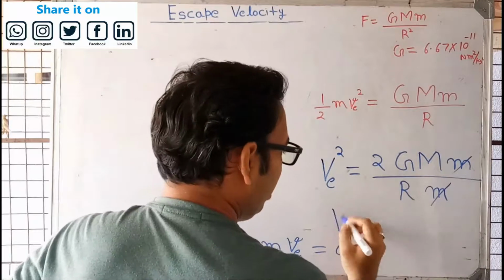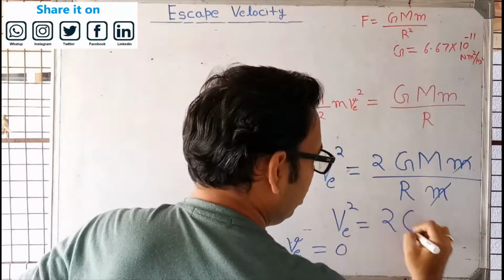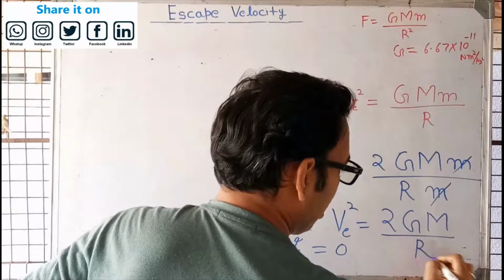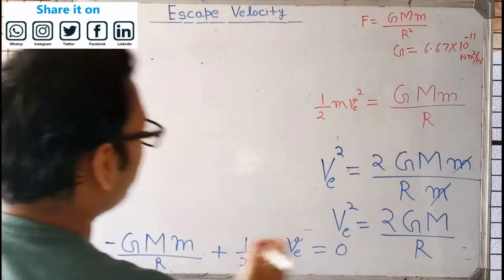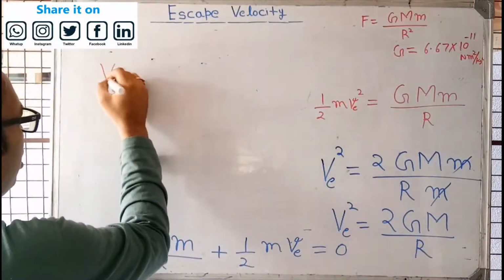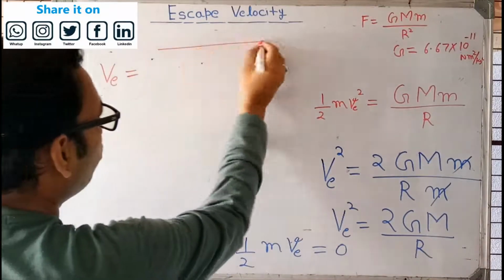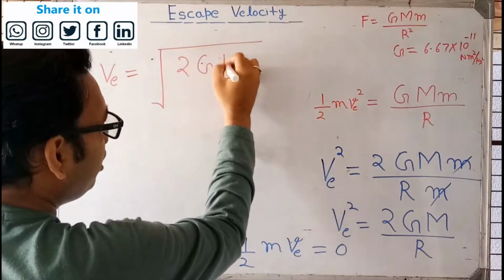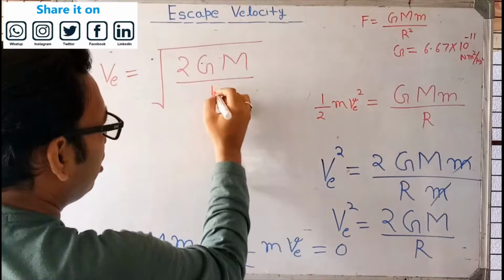So ve squared is equal to 2GM divided by R. So what is the escape velocity from this equation? ve is equal to under root 2G capital M divided by R.